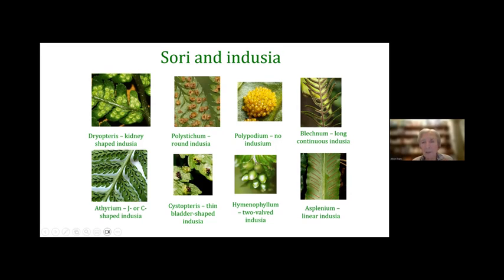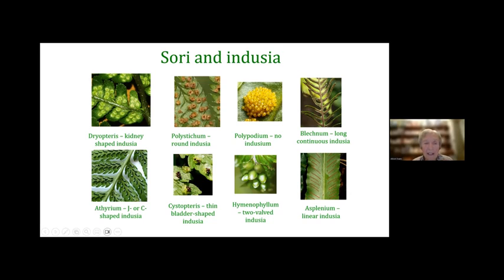We've already looked at polypodiums that don't have an indusium. The other one that's really good to be able to spot is Athyrium. It has the J-shaped or C-shaped sori, and the indusium is the same shape.